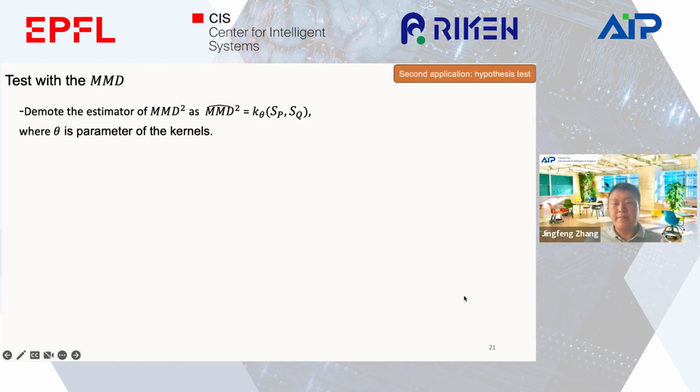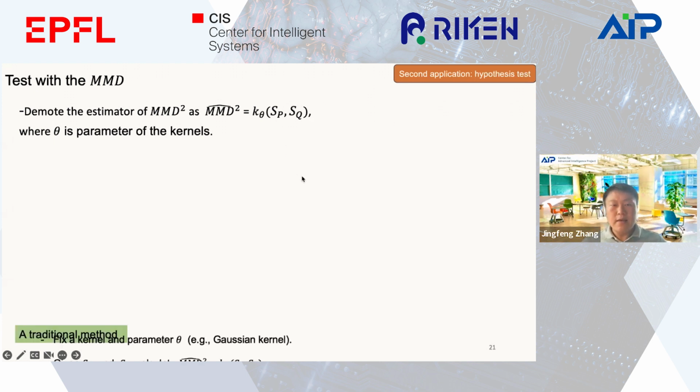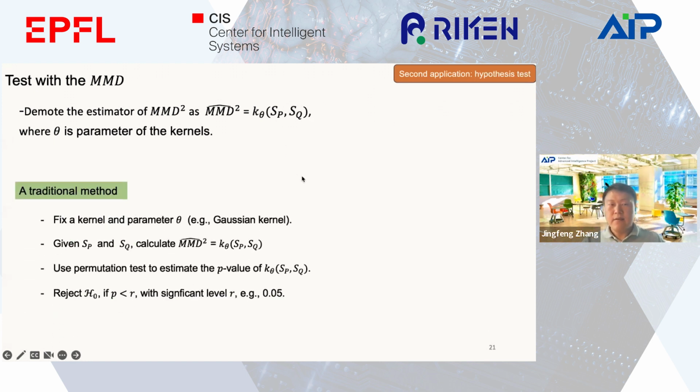Let's make the notation simple. We denote the MMD squared hat estimation by kernel K parameterized by theta, like this. Then how to test? First, we fix a kernel and its parameters, such as the Gaussian kernel and its length scale.